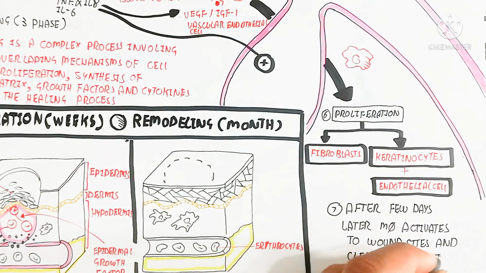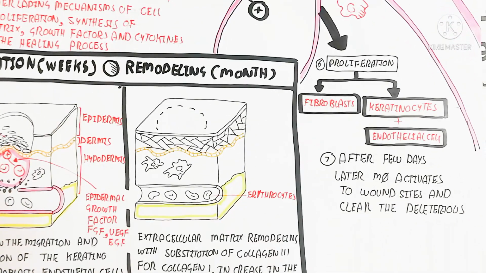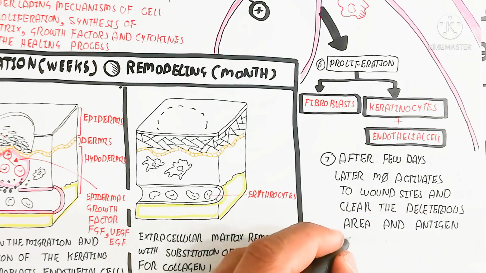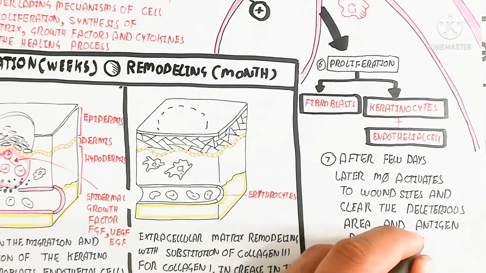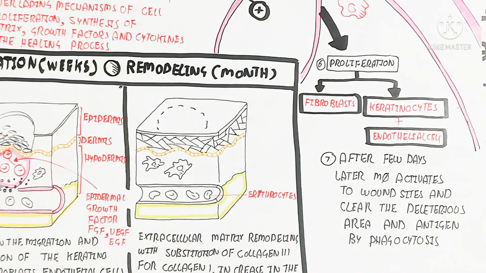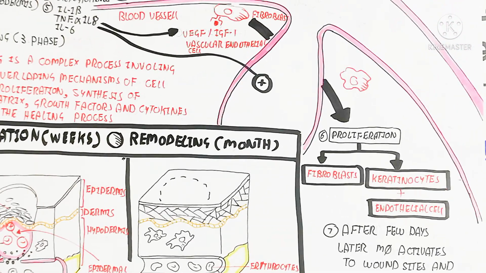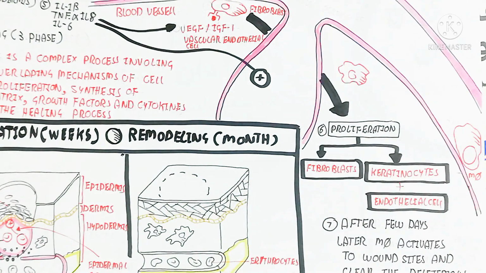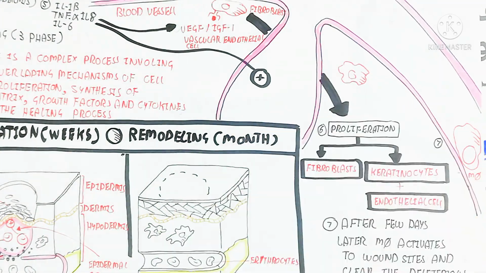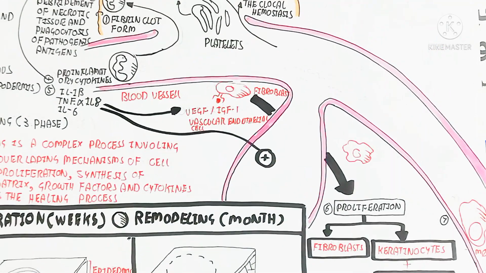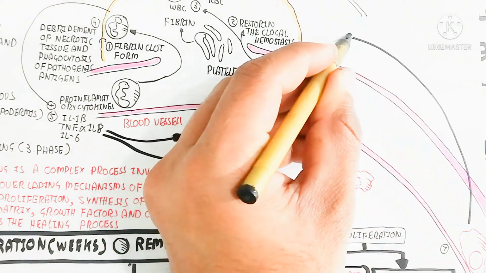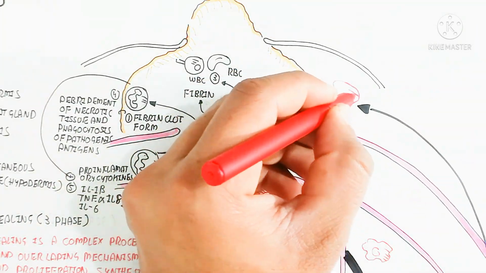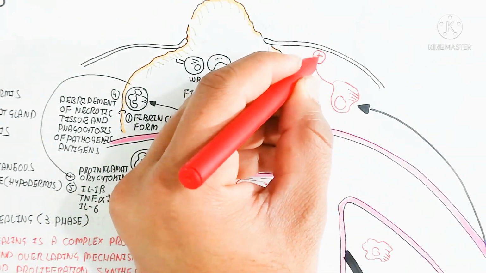After a few days, macrophages are activated at the wound site and clear the deleterious area and antigen by phagocytosis. But the important thing you need to understand is that the neutrophil which endocytosed the pathogen will be phagocytosed by the macrophage. So the macrophage clears the used neutrophil. That is an important thing you need to understand.